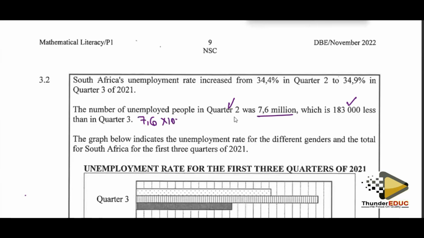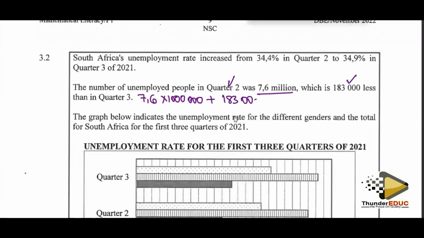We need to change it to values, so we multiply by 1 million, plus the 183,000. So at the end, you'll have 7,783,000.